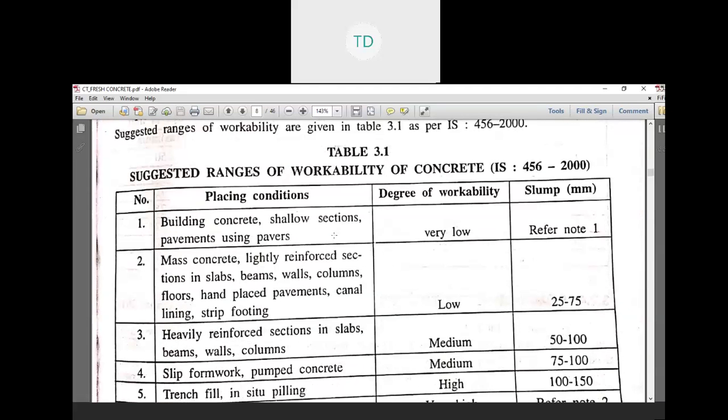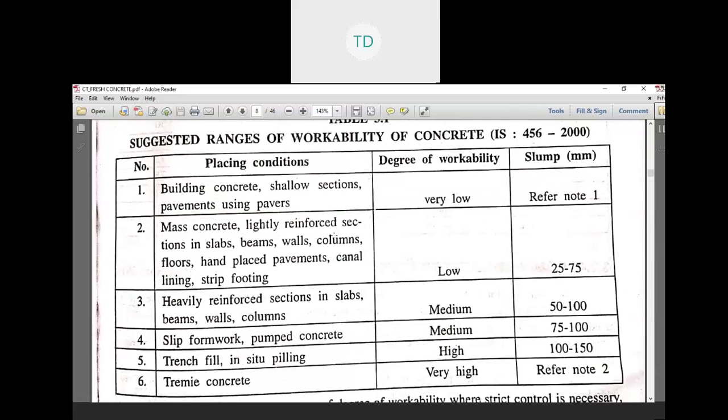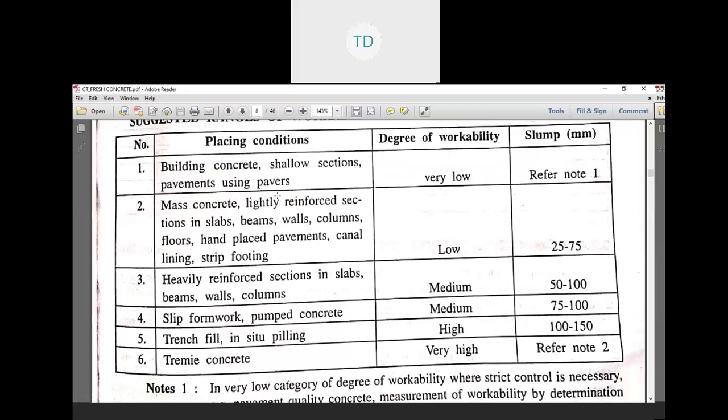The suggested range of workability of concrete from IS 456:2000 is as follows. Building concrete, shallow sections, pavements using pavers: degree of workability very low, see note 1. Mass concrete, lightly reinforced sections in slab, beam, wall, column, floor, hand placed pavement, canal lining, strip footing, etc.: degree of workability low, slump 25 to 75.